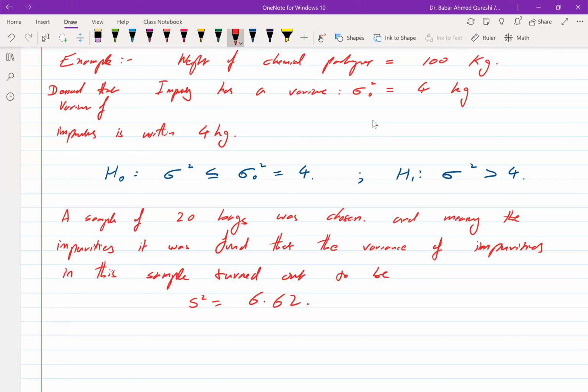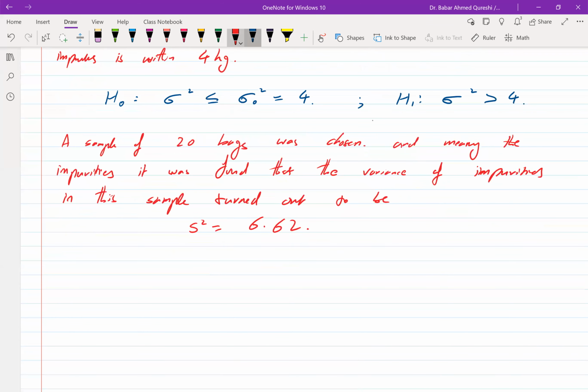So that's the square of the standard deviation. Now we want to test H naught at alpha equal to 0.05 significance.